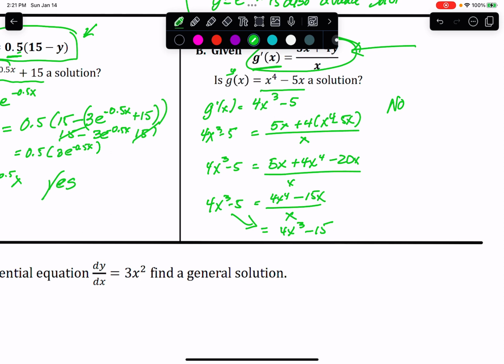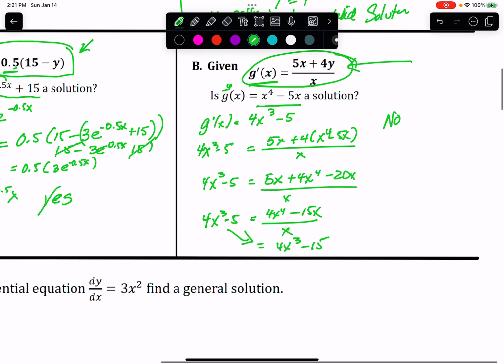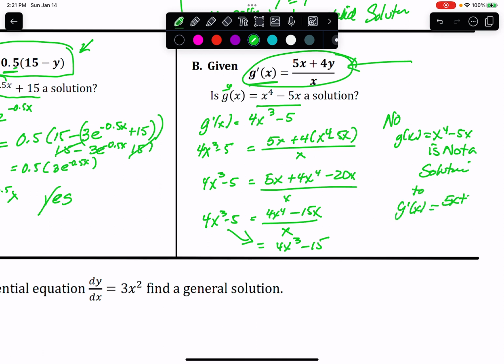So no, g of x equals x to the 4th minus 5x is not a solution to g prime of x equals 5x plus 4y over x.